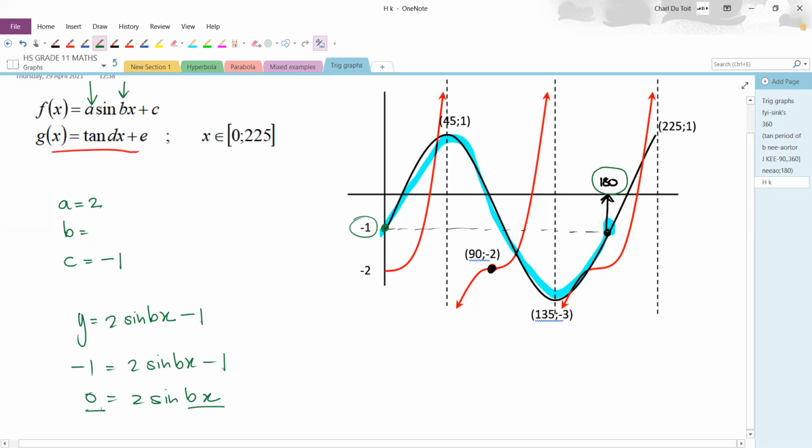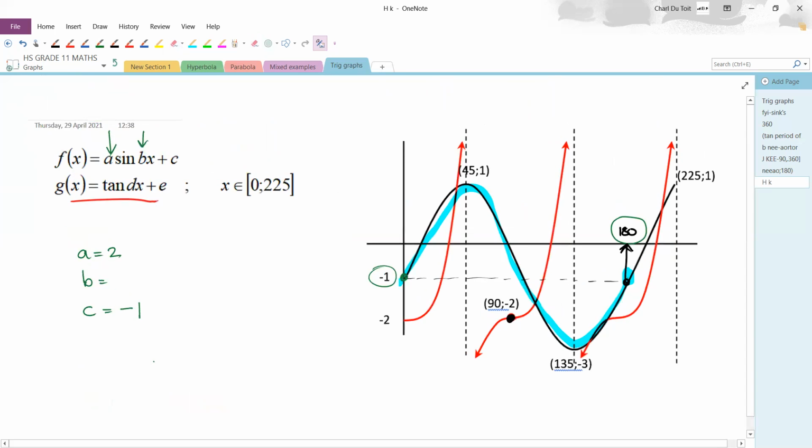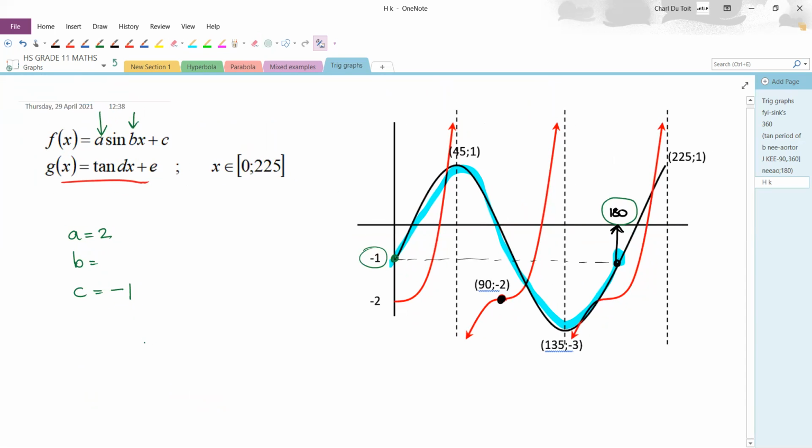Okay, this is a long method. It's difficult. I'd rather say, look at the following. I can go up to 90 degrees, which is skew. That should be up to 90 degrees.